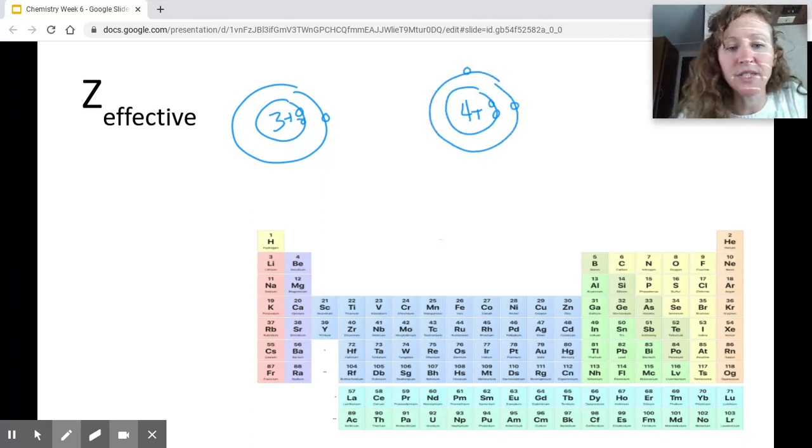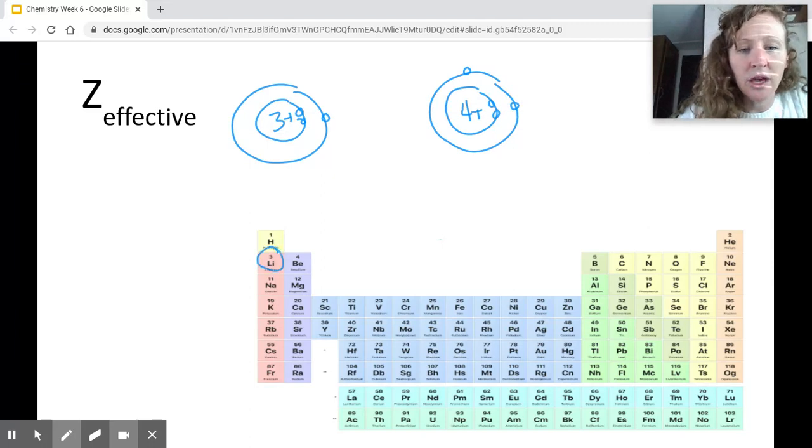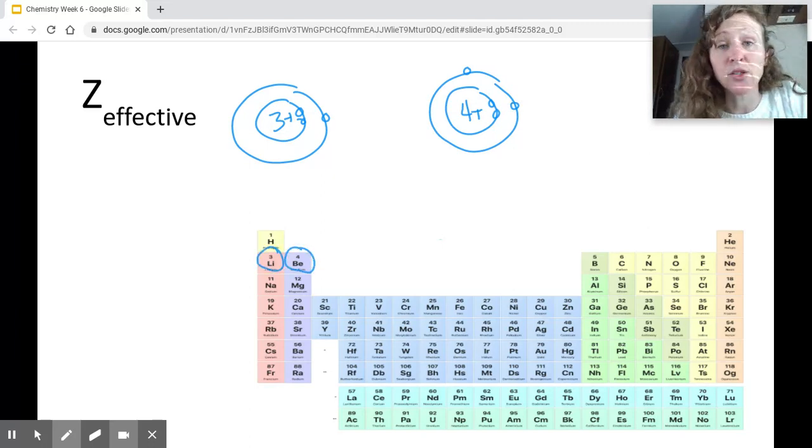Okay, so the difference between lithium and beryllium we see is nuclear charge. Again, lithium has nuclear charge of 3, beryllium has nuclear charge of 4. We also see that their core electrons are exactly the same, and then they have a difference in valence electrons. Lithium has 1 valence electron, beryllium has 2 valence electrons.